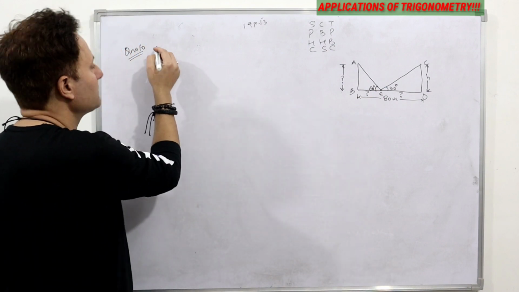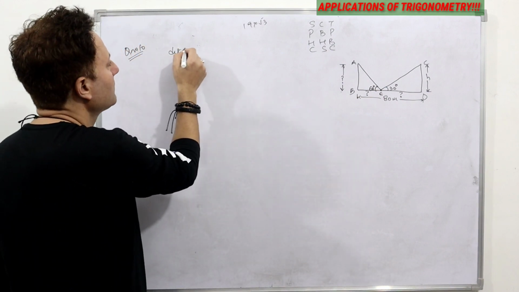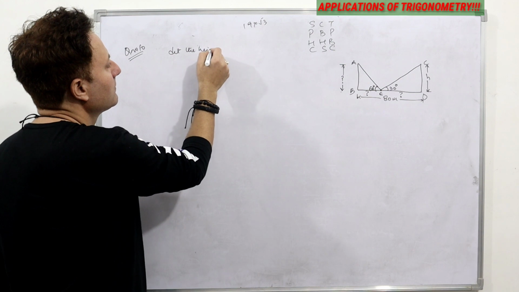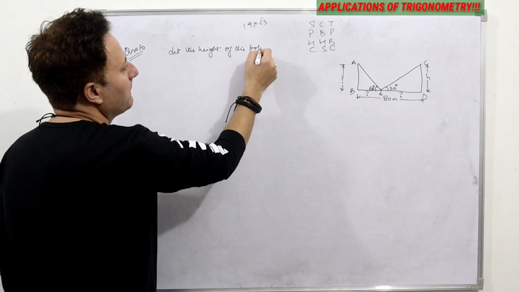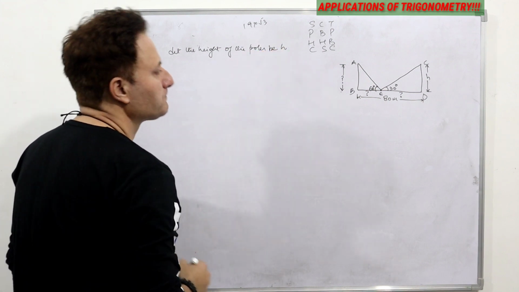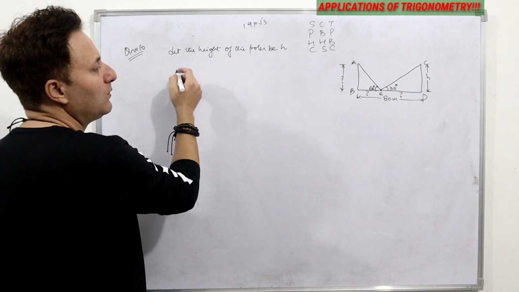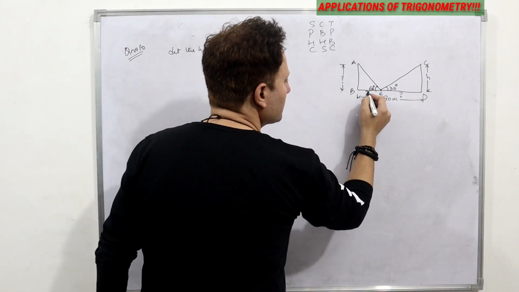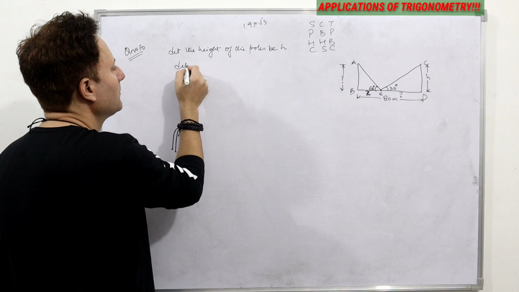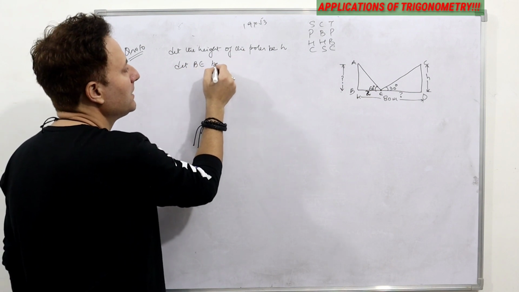So let us write, let the height of the poles be h. Now let me say, let BE be x.